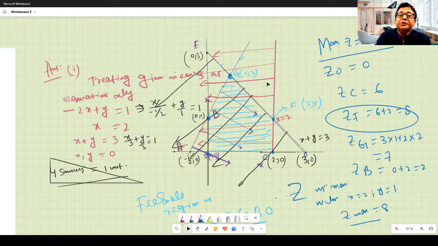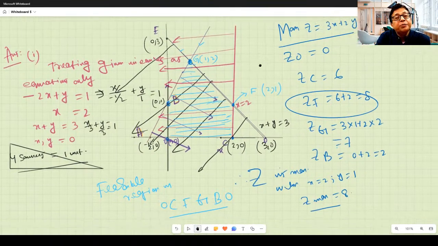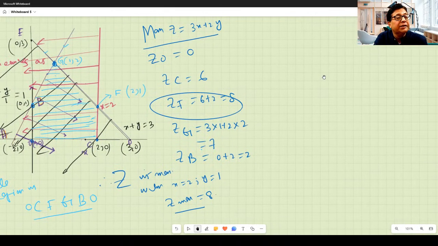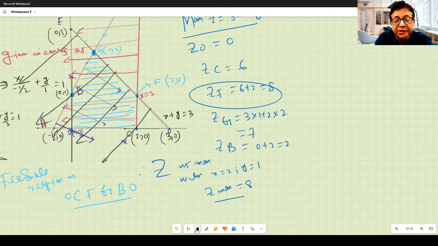Now suppose you want to solve this problem by isoprofit method. I am telling you both the methods side by side. I need the same graph here. Okay? Or just let me draw it very first, or I can take a snapshot of it. Just a minute, I'll take.